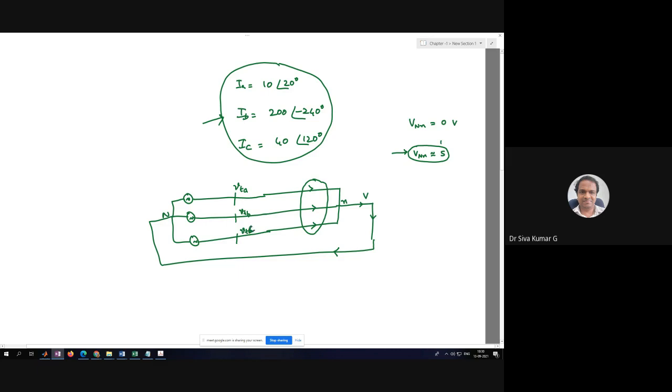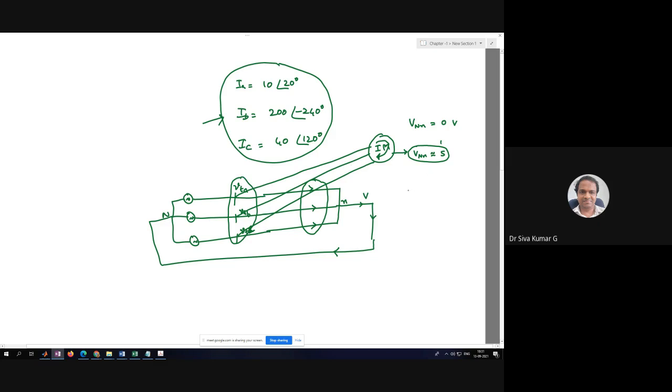Because of that, what will happen is, if a three-phase induction motor has been connected over here, there is a circulating current produced because of the terminal voltage unbalance.